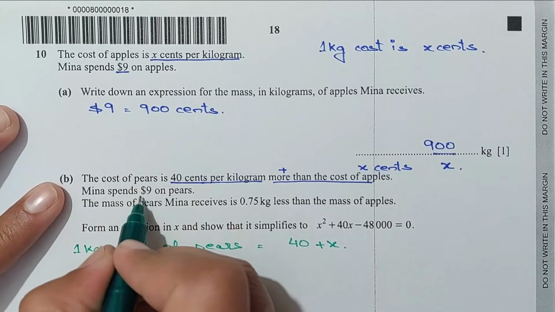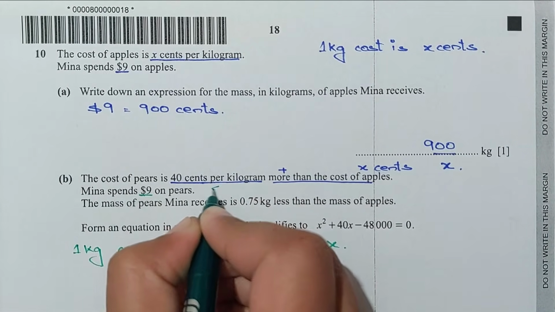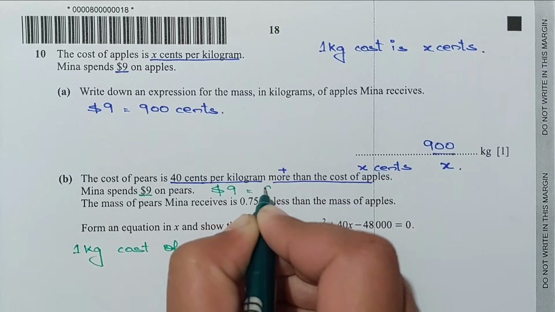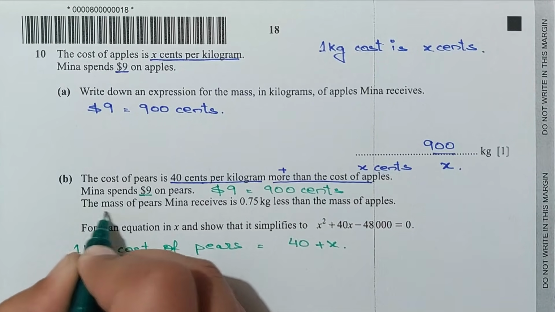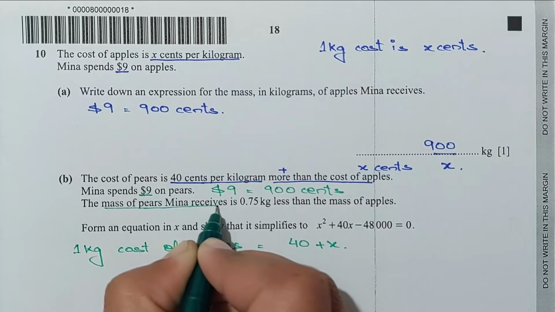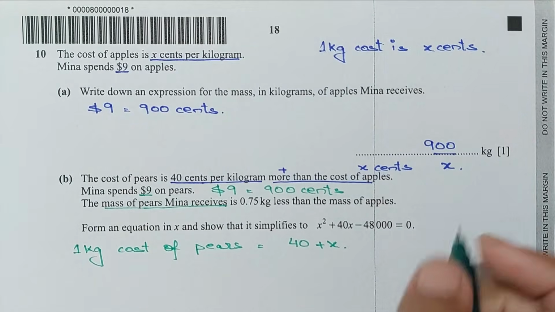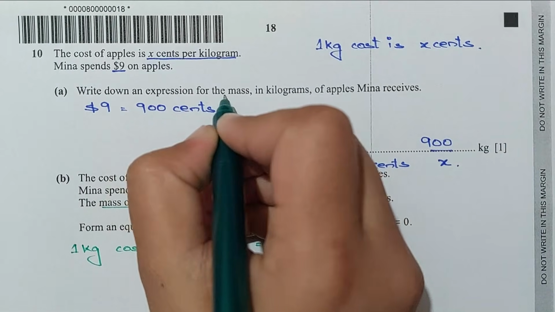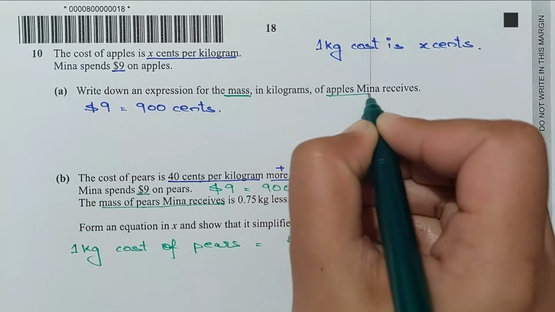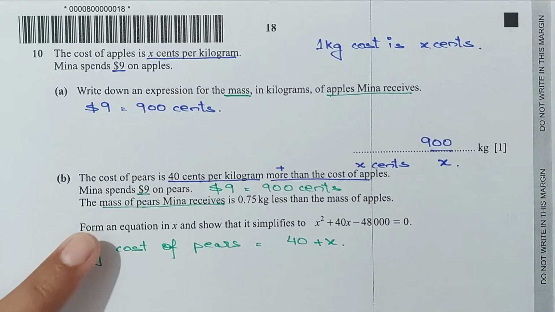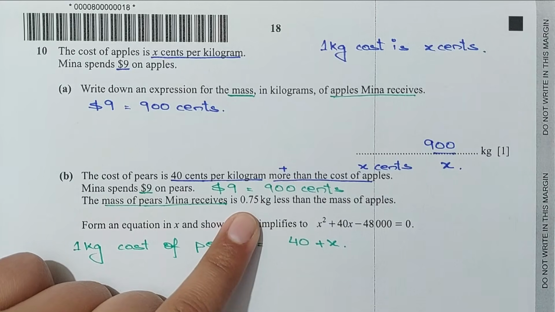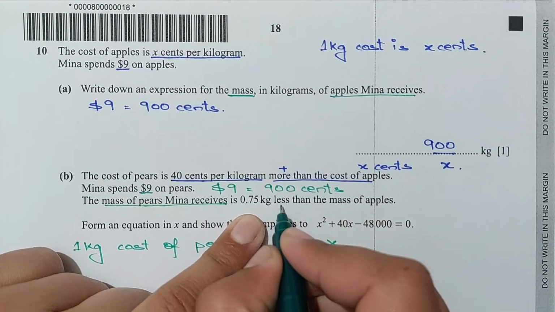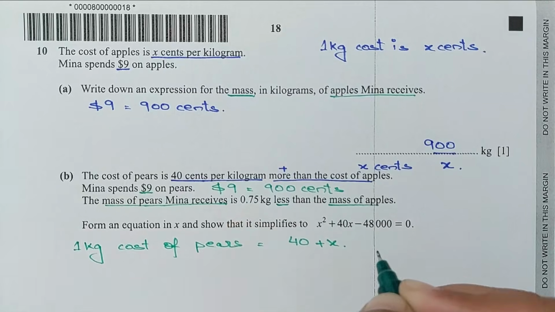Meena spent $9 on pears. Again, $9 is equal to 900 cents because we are working with cents. The mass of pear she receives is 0.75 kilogram less than the mass of apples.